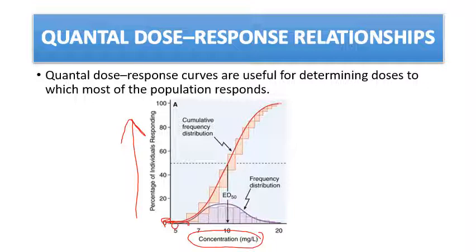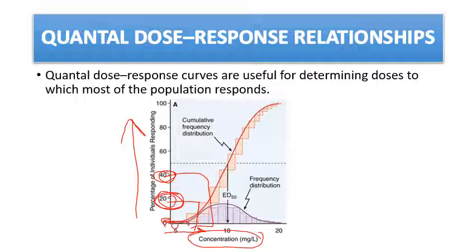As we increase the concentration of atenolol, the number of the population that respond to this drug will increase. So at first, at low concentrations, only 20 patients will respond. Increasing the concentration, we will get 40 patients responding.